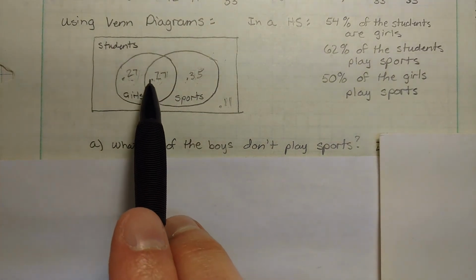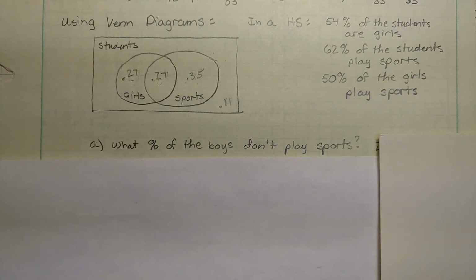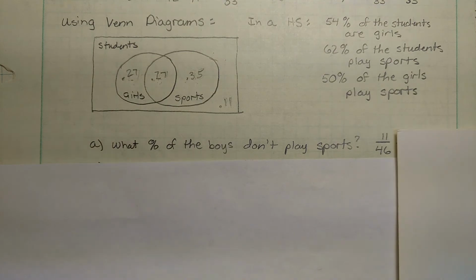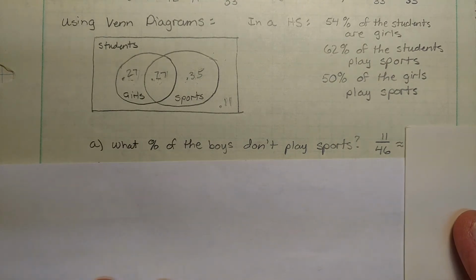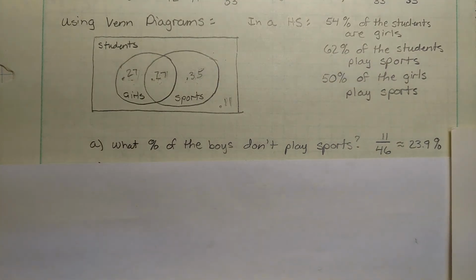Notice girls are 0.54 total, so boys total would be 0.46. So I've got 11 out of 46. Now I can call it 0.11 over 0.46, but I just multiply both by 100 to get rid of the decimals anyway. And so we're talking about 11 out of 46. And we can give that as a percentage if we want to. It's 23.9% of the boys don't play sports.